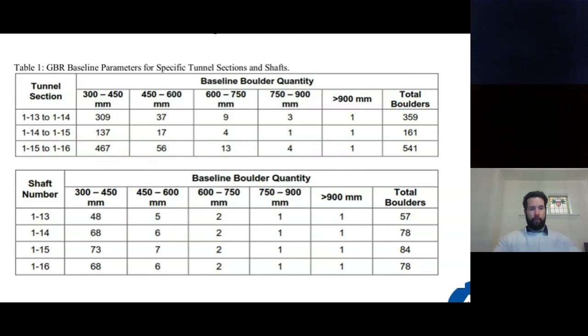The other thing that they've done was to put in, we'll say we take the first tunnel drive for an example on the top line there, it says 113 to 114, which represents the first tunnel drive, which was between shaft 113 and 114.